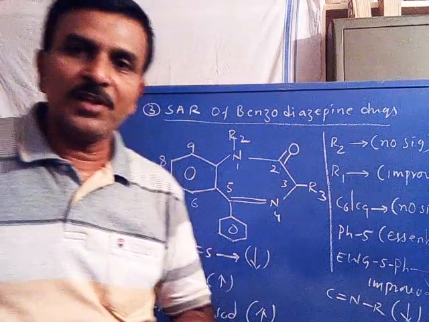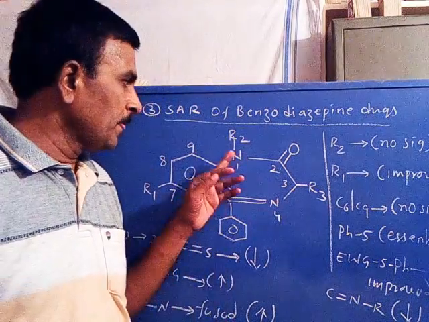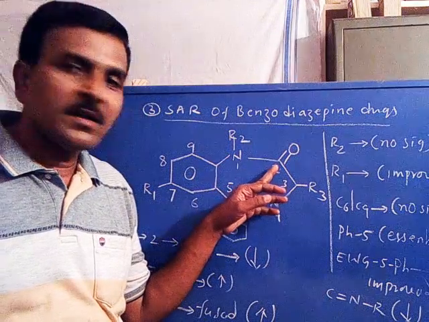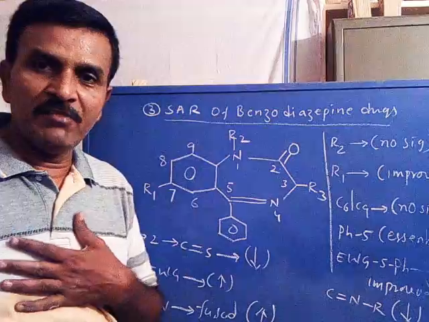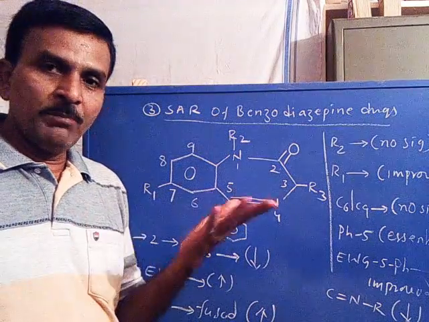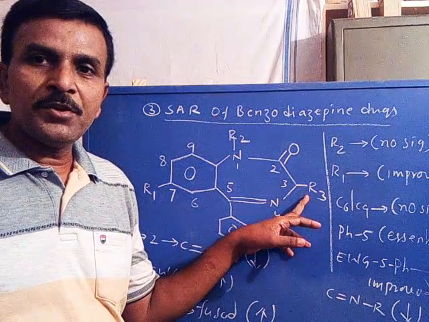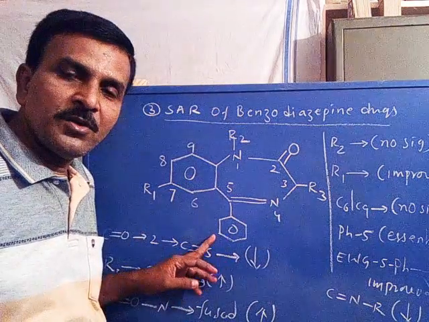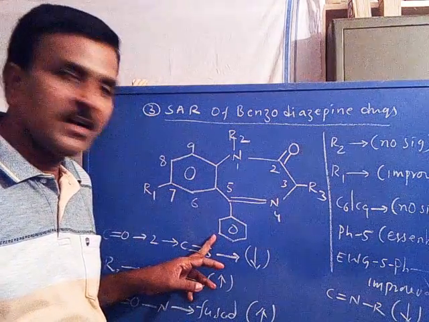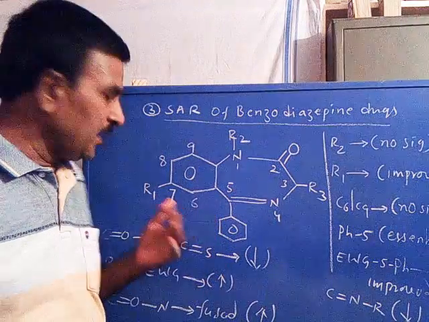So this is about structure activity relationship study. So we should not replace C double bond O group by the other, we should not modify. To improve activity, we can substitute R3 group by electron withdrawing group, or substitution on phenyl ring of C5 carbon improves activity.